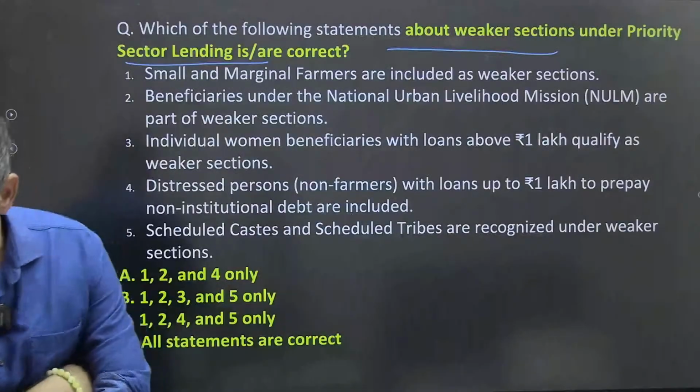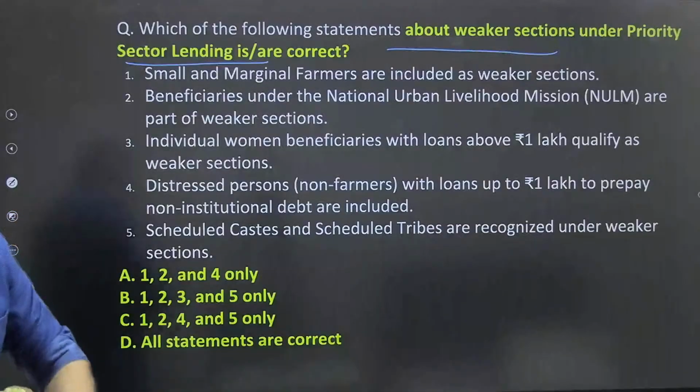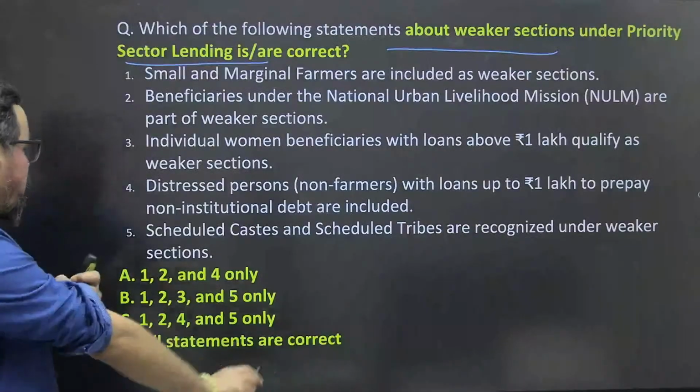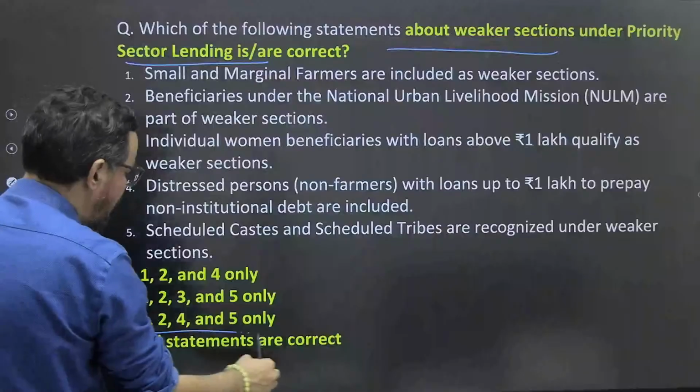What should be a right answer? D. No, it should be C आपका. ठीक है, C should be right answer for this one.